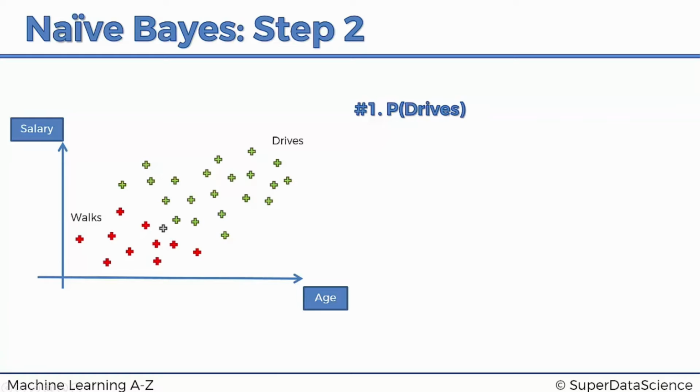The other way to think about it is if I just randomly throw a new data point into our data set, right? Just randomly. And without knowing anything about their age or salary, then just knowing all of this prior information that we have, the green dots and the red dots, what is the likelihood of that person that we're adding to be a person who drives to work?